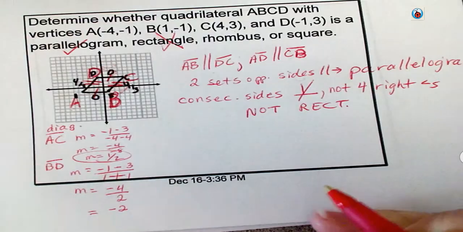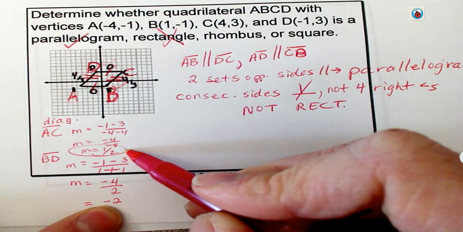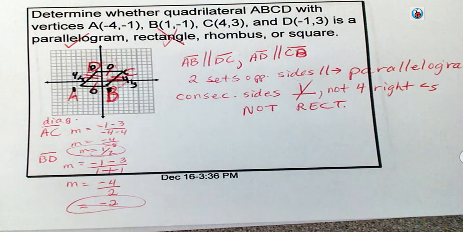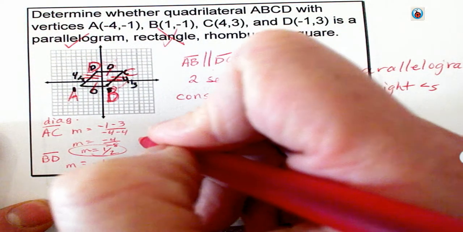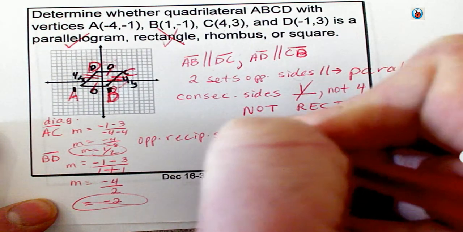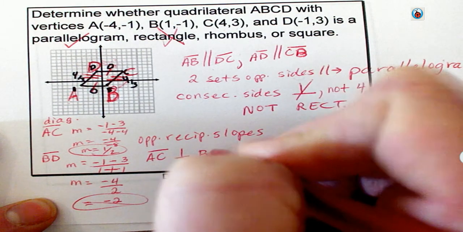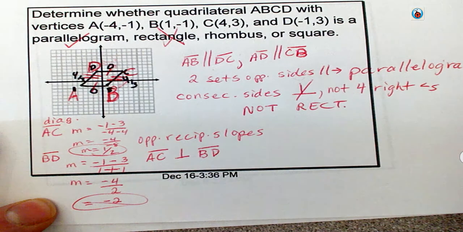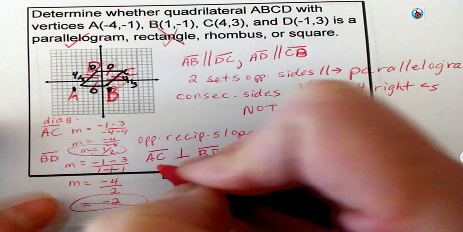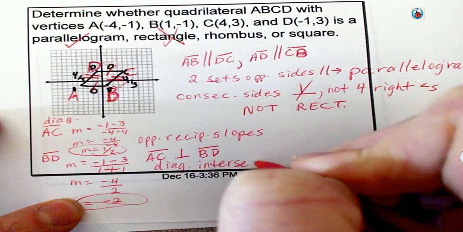If I look at those, they are in fact opposite signs, one's positive, one's negative, and they are reciprocals of each other, which means our numerator and denominator have been switched. So because they have opposite reciprocal slopes, I know that my diagonal AC is perpendicular to my diagonal BD, which means they intersect each other at a right angle.